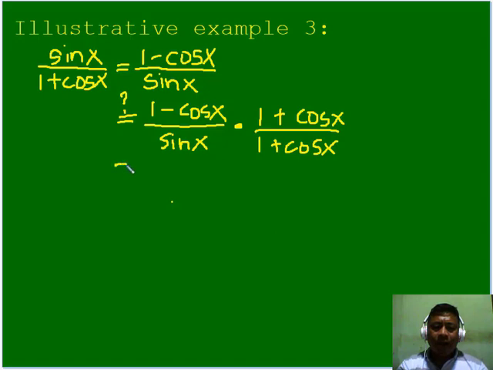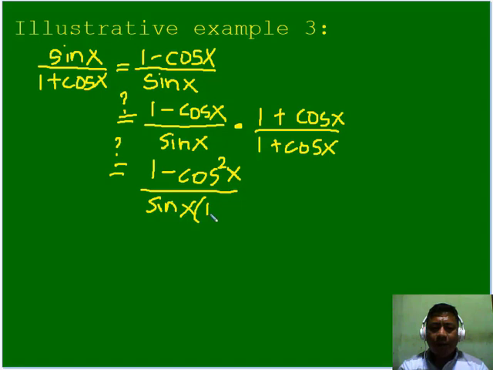Now let's perform the multiplication for both numerator and denominator. The numerator is simply equal to 1 minus cosine squared x, all over sine x times the quantity 1 plus cosine x.